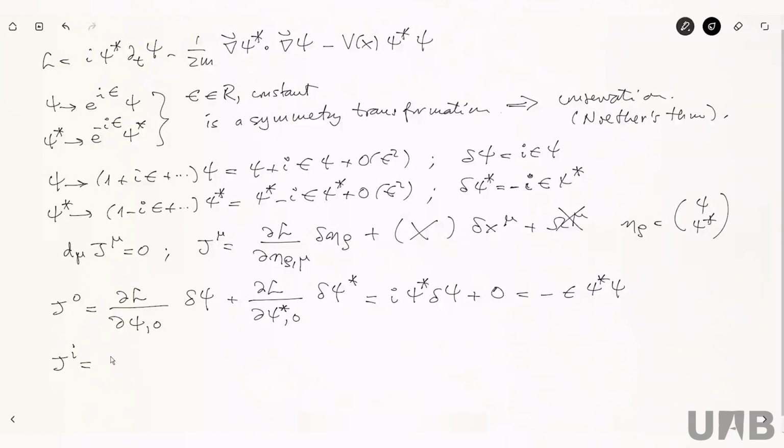So Ji is the derivative of L with respect to ψ_{,i} times δψ, plus the derivative of L with respect to ψ*_{,i} times δψ*. Who is the derivative of L with respect to ψ_{,i}?